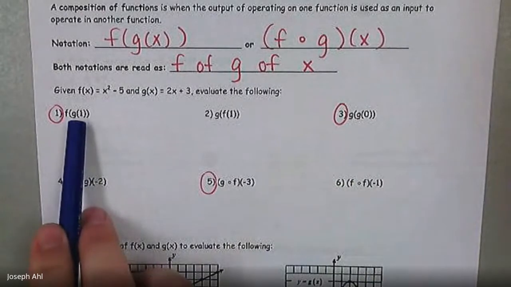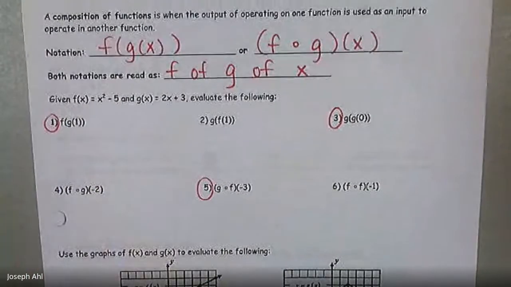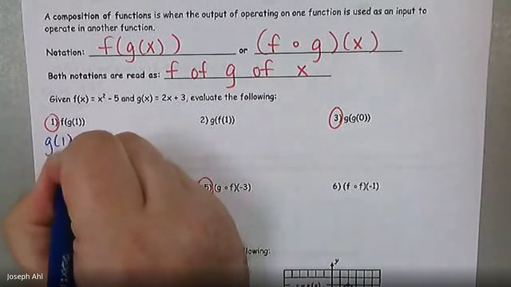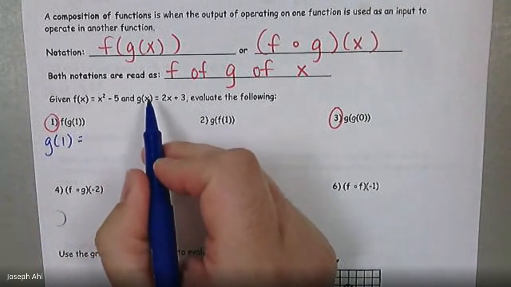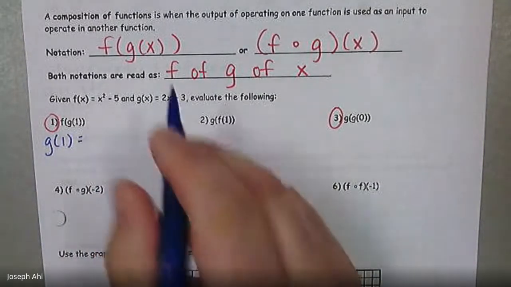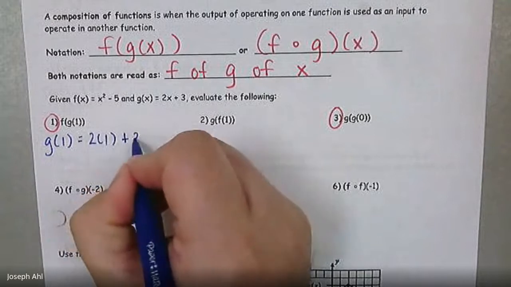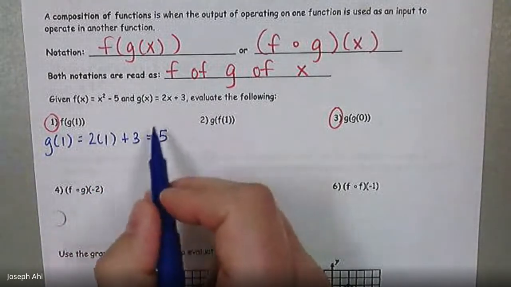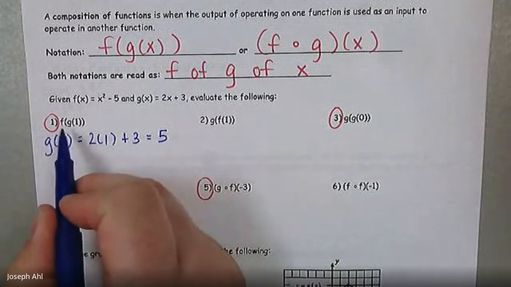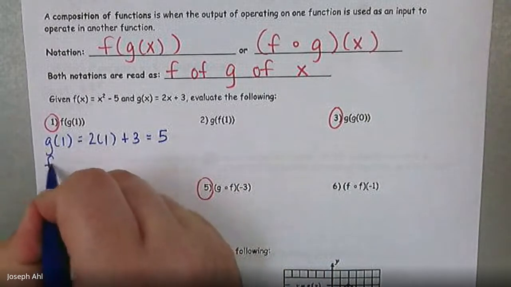If I look at the first example, f of g of 1, we have to start on that inside piece first and do g of 1. To compute g of 1, we just input 1 for x in the function defined by g of x. So 2 times 1 plus 3, well, 2 plus 3 is 5. And then whatever that result is gets plugged into the outer function, which is the function f of x.